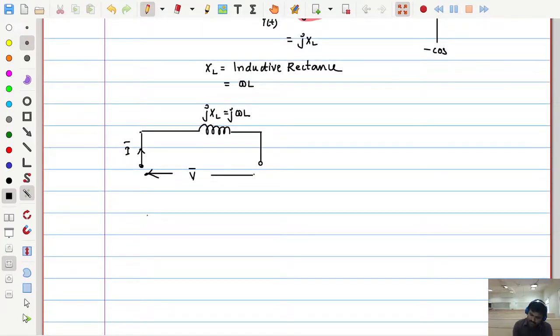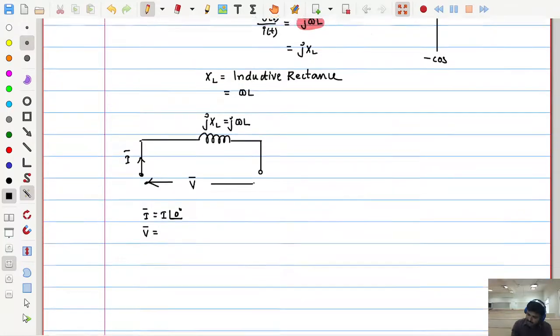Now you can see what V bar and I bar are. I bar is equal to I at an angle 0, that is what we got.